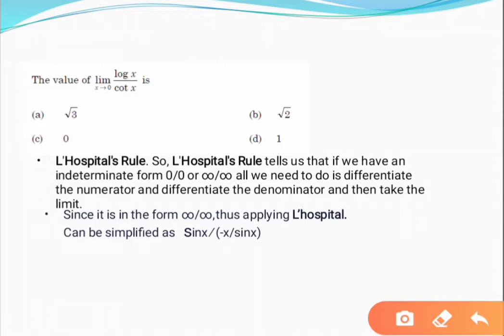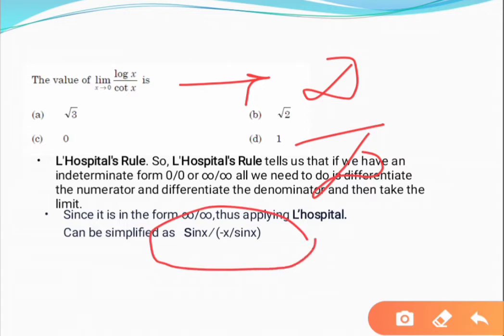Here you can see it is the form of infinity by infinity. So we will differentiate the numerator as well as the denominator. The value comes to sin x to the minus x by sin x. By putting the value of x tends to 0, we will get the value of this particular limit, which is 0. Okay, now proceeding to the next question.